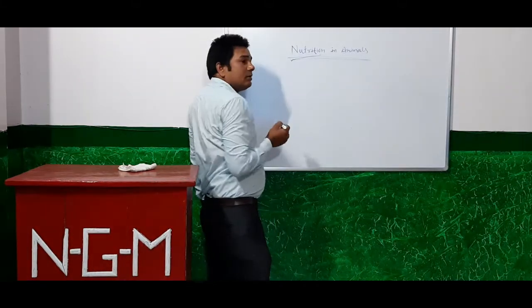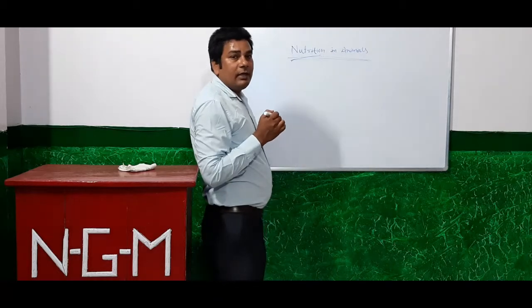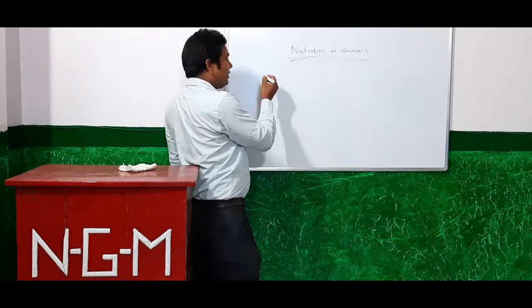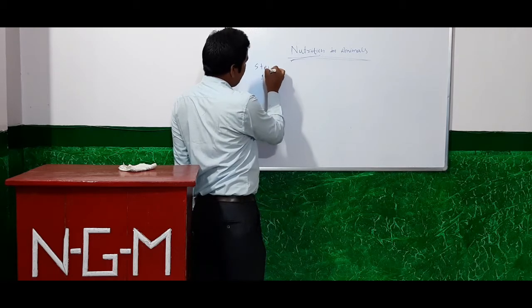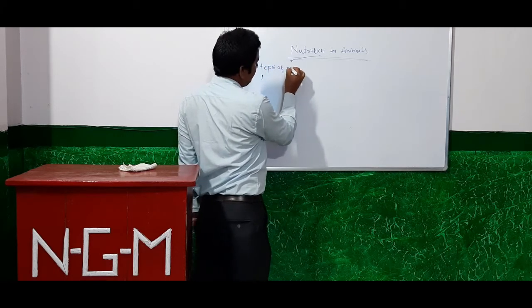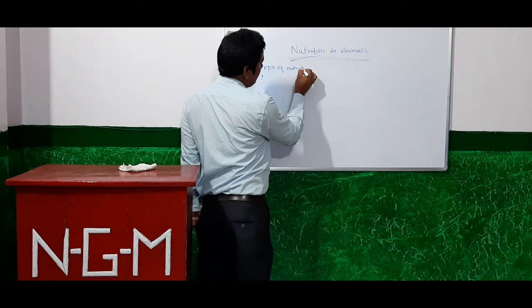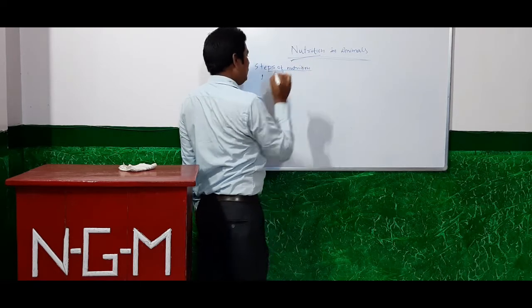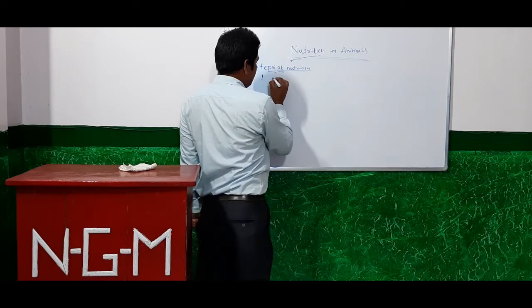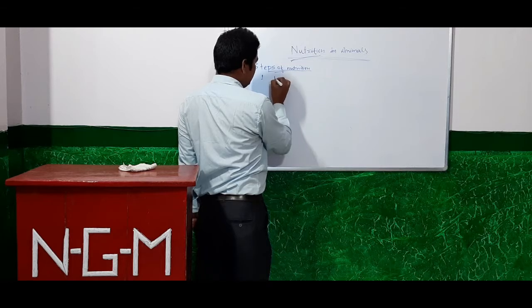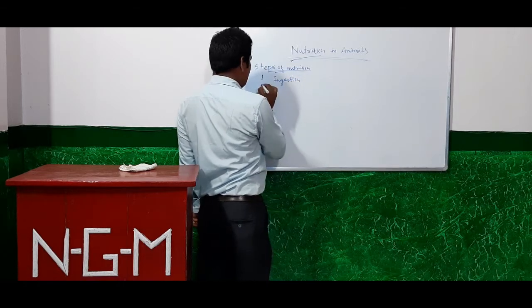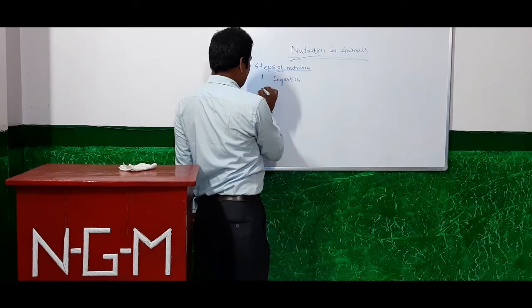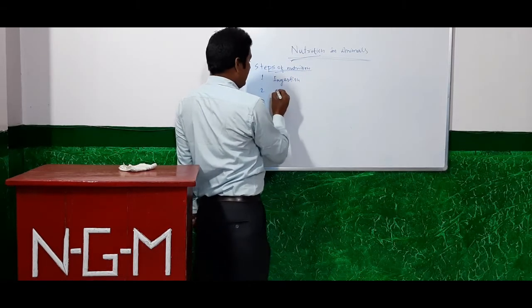Nutrition involves five steps in animals. Steps of nutrition. First, ingestion. Second is digestion.